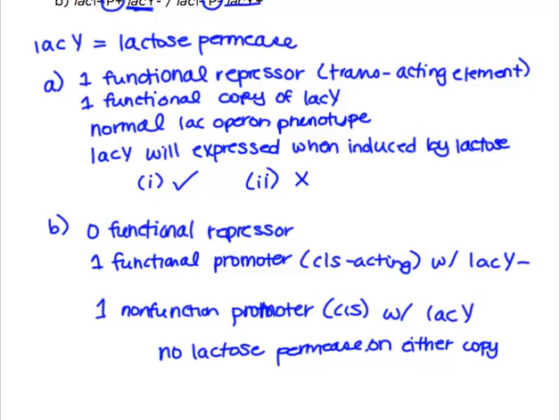Okay, and remember, that's because there's a huge difference between trans-acting and cis-acting. If a cis-acting promoter is non-functional, then there's no way for RNA polymerase to recognize the operon and start transcribing. So the structural genes downstream of that non-functional promoter will never be expressed.